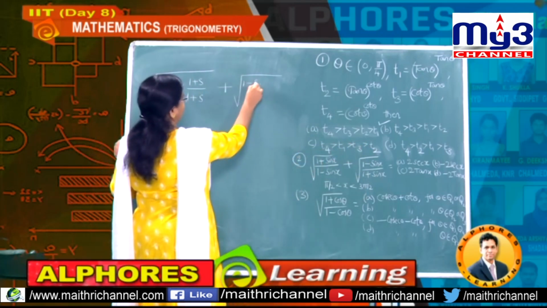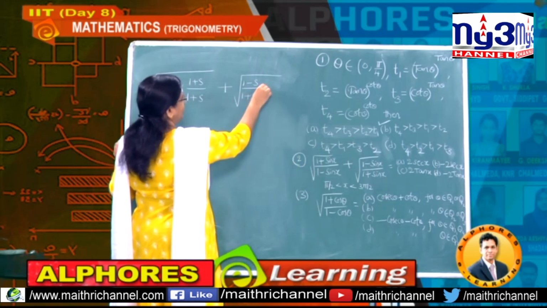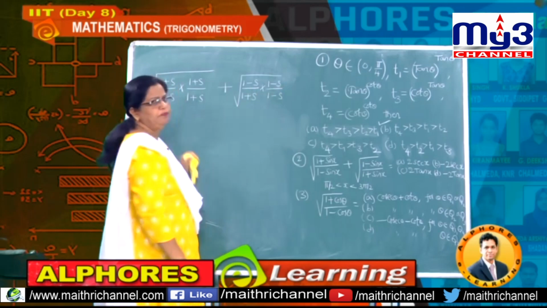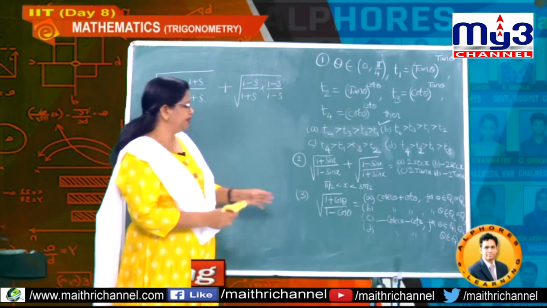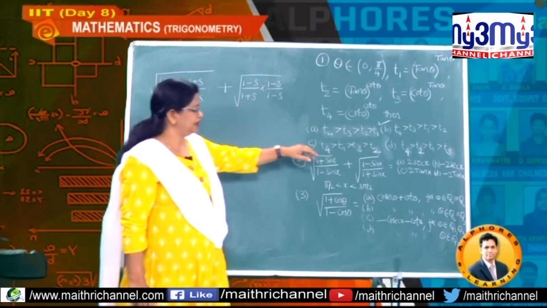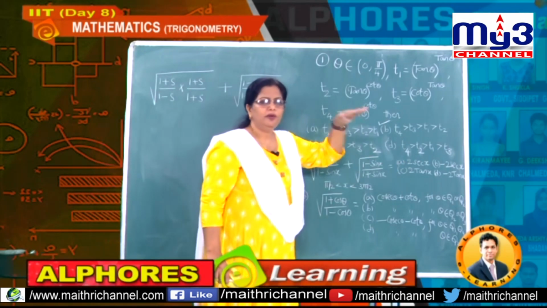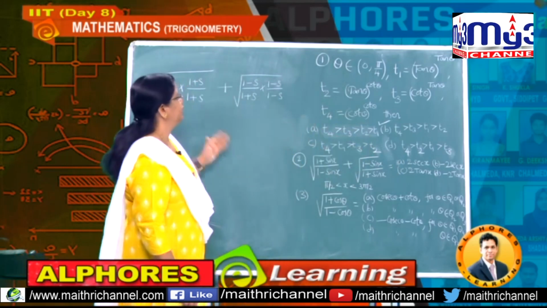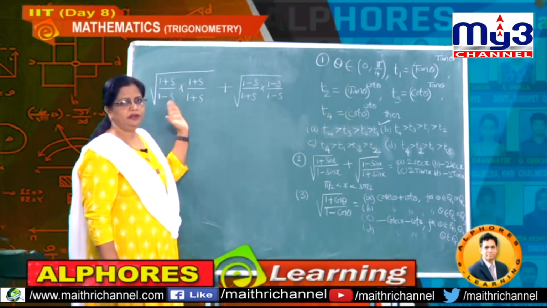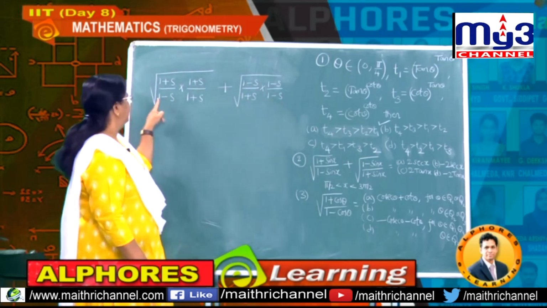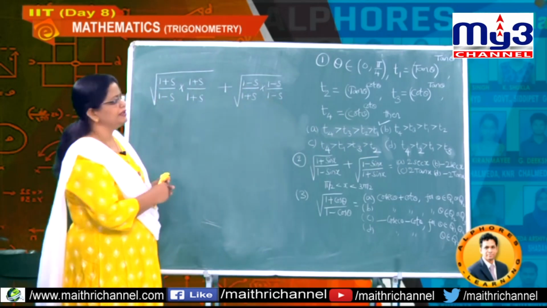So 1 minus sine divided by 1 plus sine, now multiply and divide by 1 minus sine. Understand students? So here we want to make the denominator the same, because in secant and tan, what would be the denominator? Cos. That is the reason here also we want to get in terms of cos. So 1 plus sine into 1 minus sine and 1 minus sine into 1 plus sine.